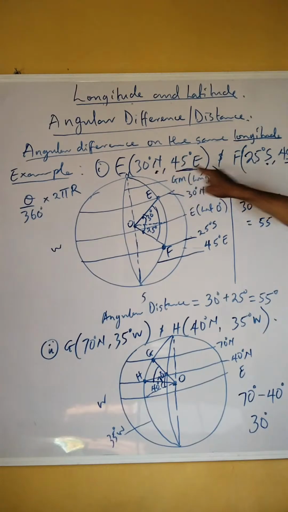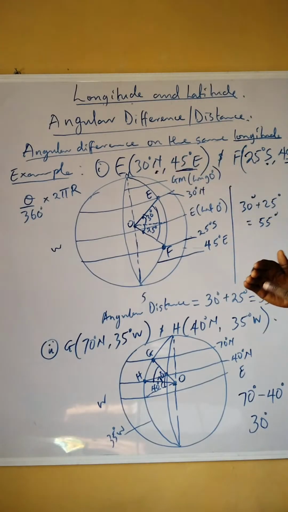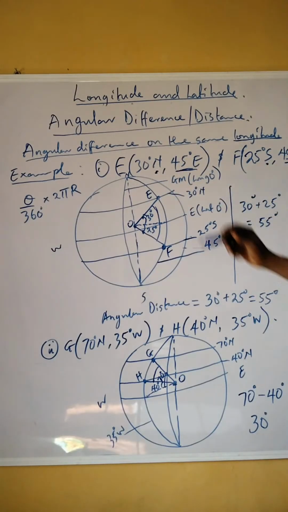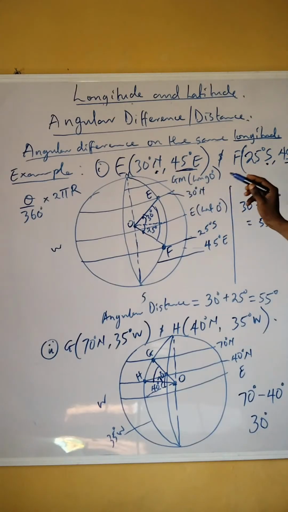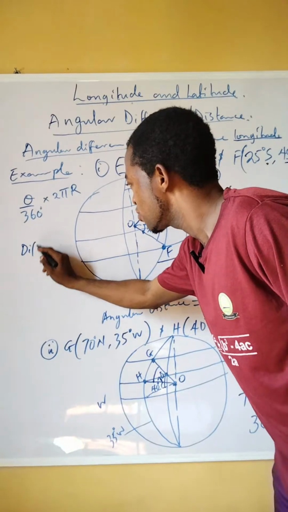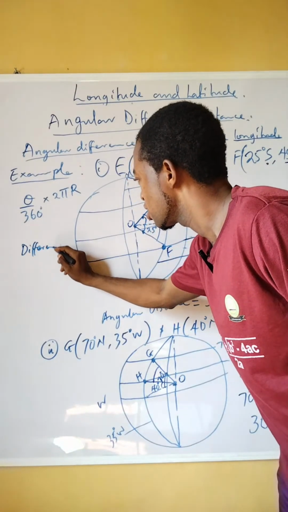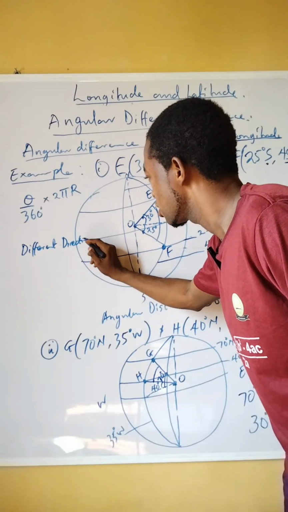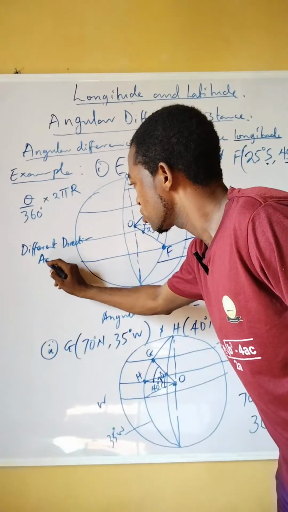So when we have different direction like this, the angular distance will just be addition. So different direction, that is the summary: for different direction, it will be addition.